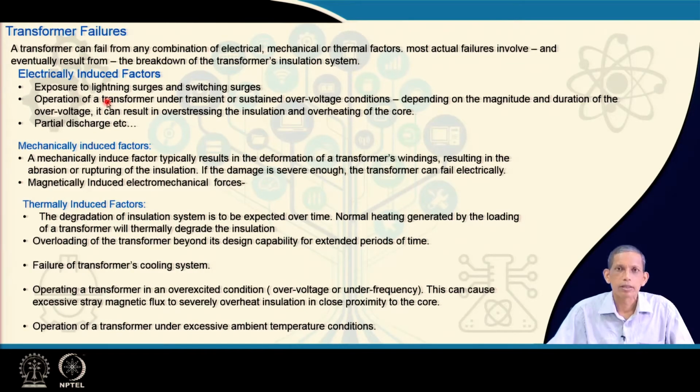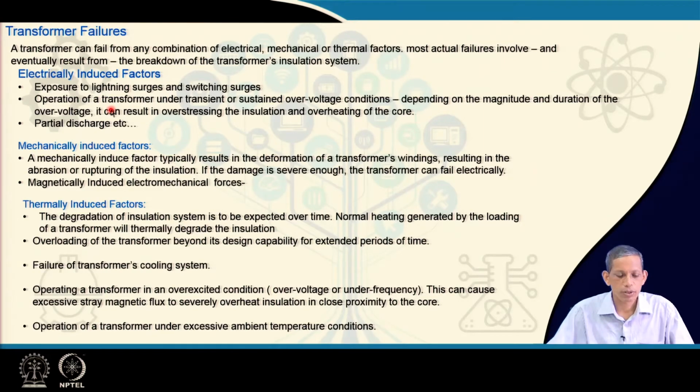Lightning is related to very high surges; even switching surges sometimes become very high, and if they reach the transformer terminal, they may deteriorate the insulation and lead to failure of the transformer.